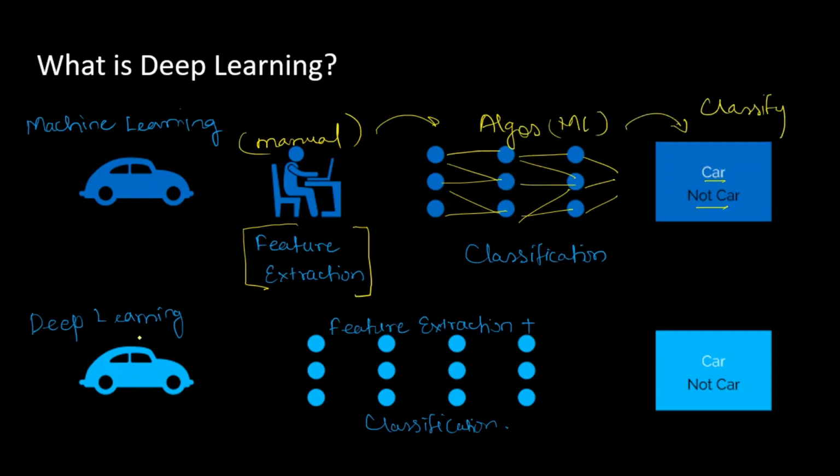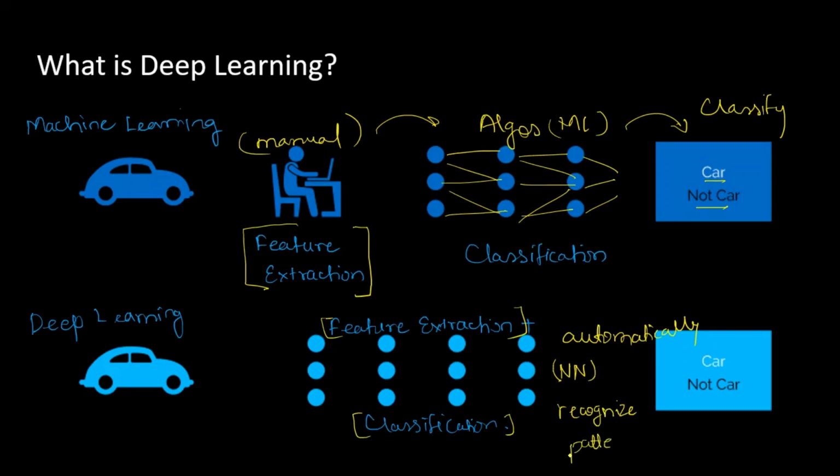But in deep learning, both feature extraction and classification are done automatically. That's the beauty of deep learning. It uses neural networks. I will explain later what a neural network is, and it does all the things automatically. It is recognizing patterns.